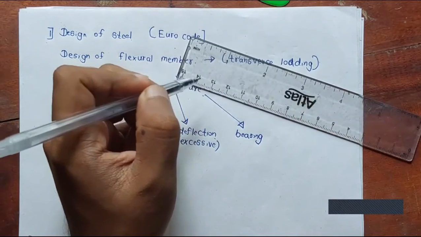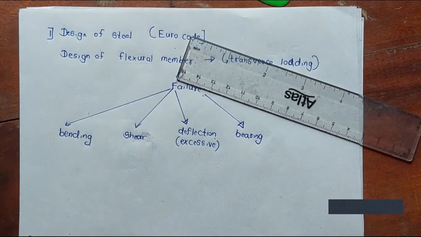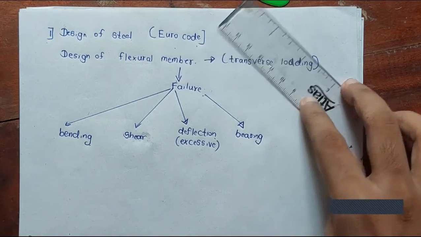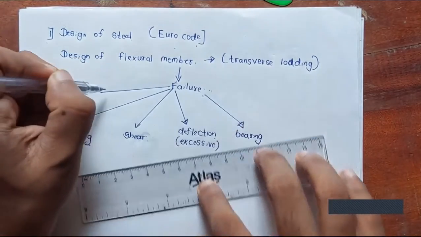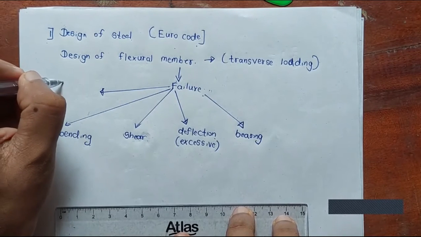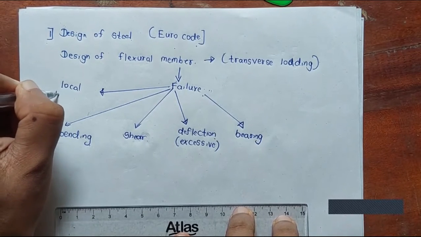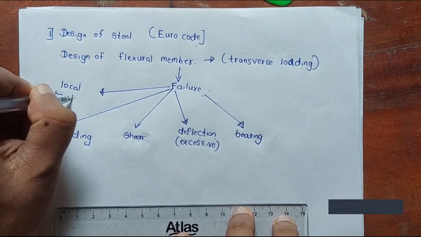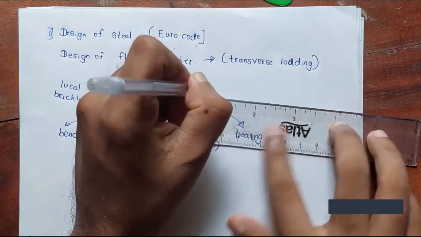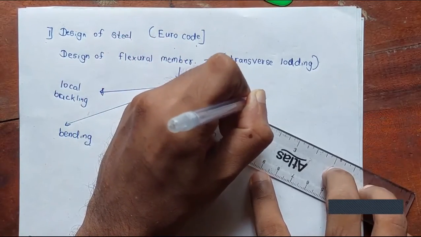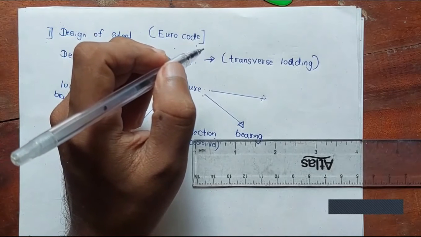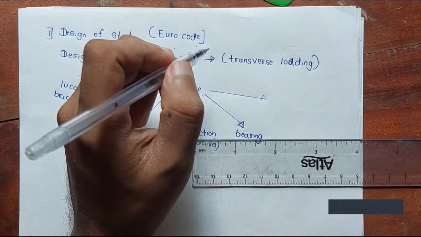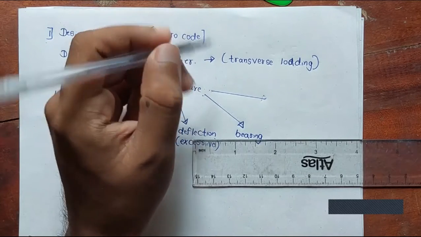Let's say I will write here local buckling. And then lateral torsional buckling.